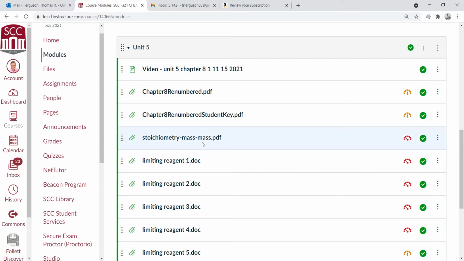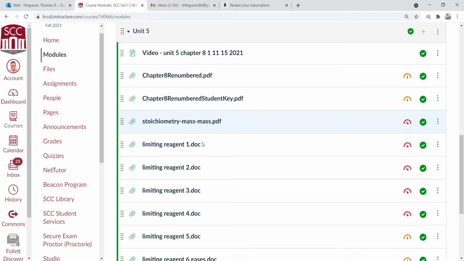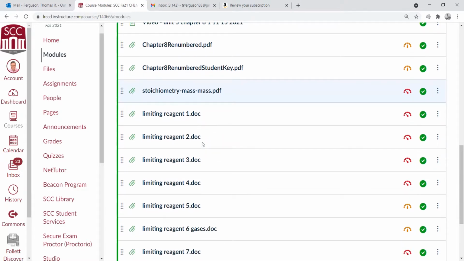Now these problems that say limiting reagent are multi-step problems. That's what I'm going to get into towards the end of the hour. But as far as fundamentals of this chapter, it is this worksheet here, the one I had highlighted.